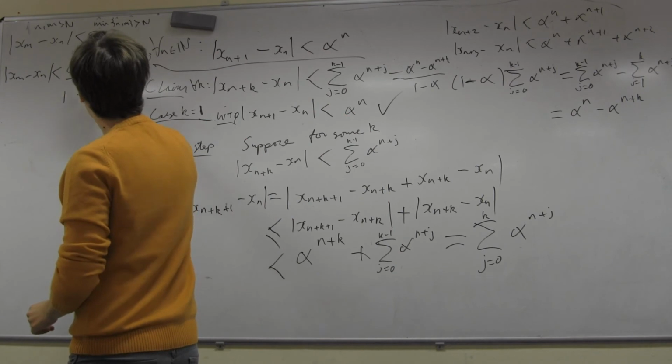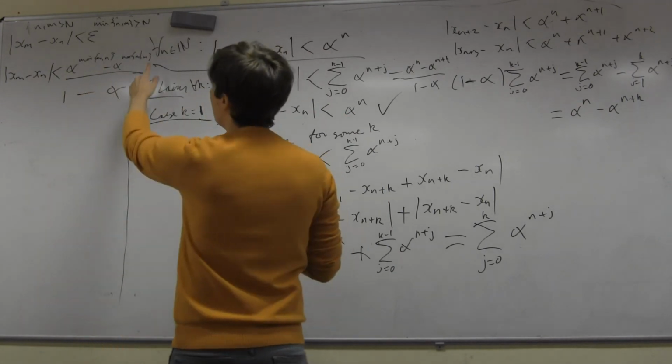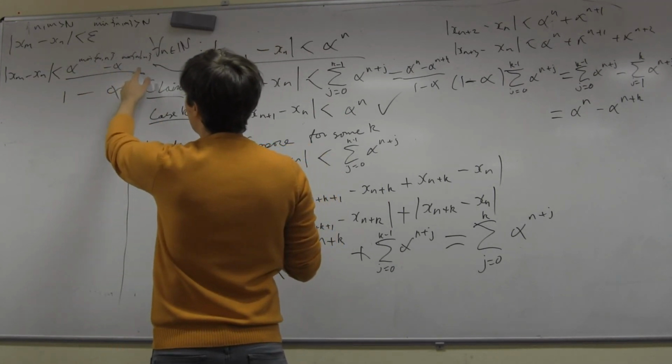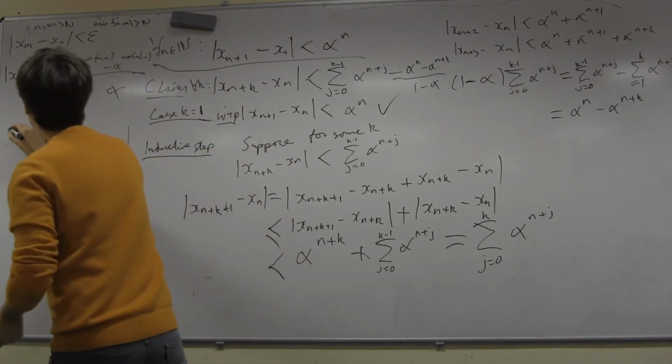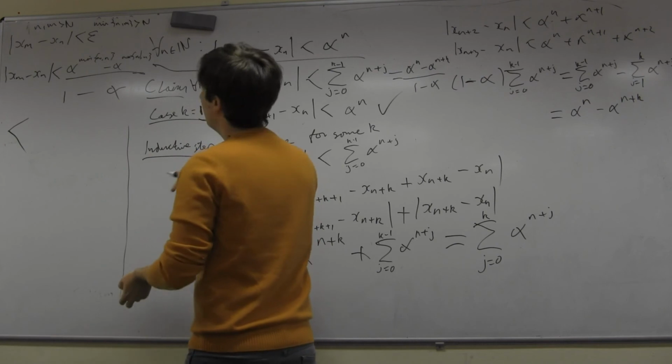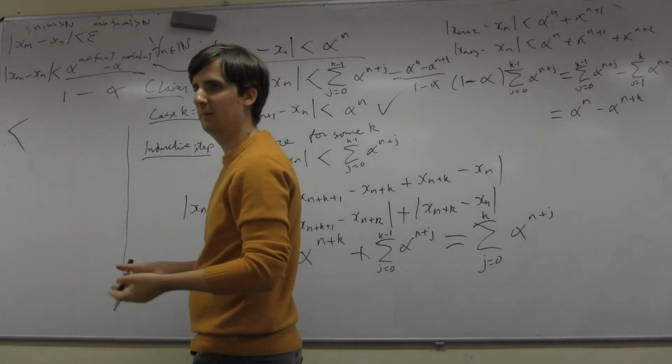So all we have to do is produce an upper bound for this which doesn't depend on the maximum. It's kind of easy, isn't it? What upper bound could we take?